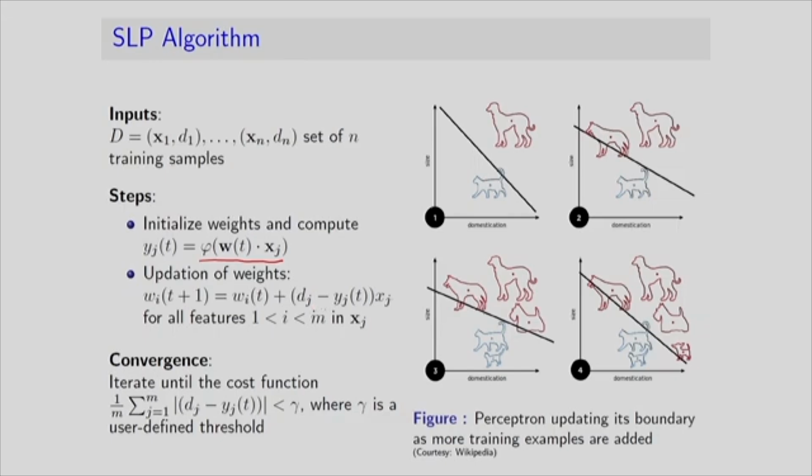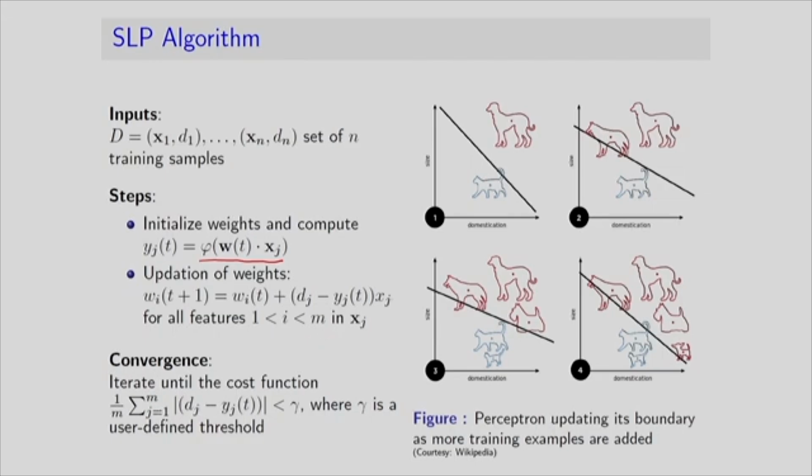Already I told you during backpropagation training, the error is backpropagated to the input. So dj minus yj is the difference between the desired output and the actual output, and we have to minimize the error. For this I am updating the weights by considering this weight updation rule.